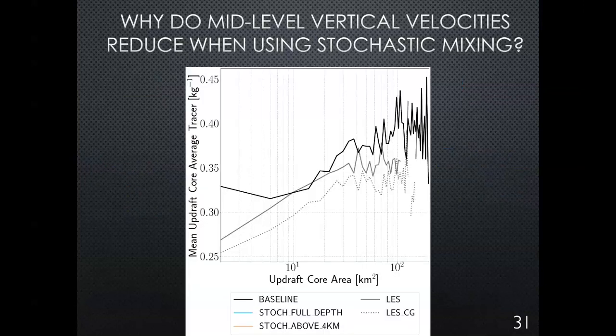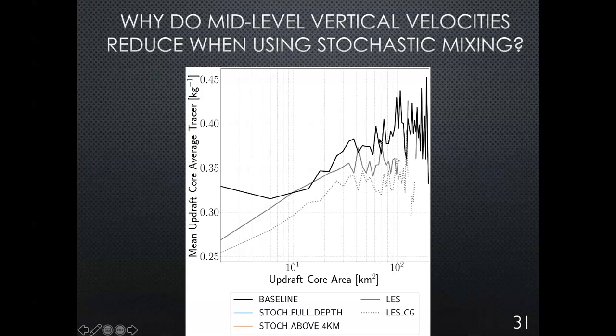So now what we're going to do is distribute the updraft cores by their size here on the x-axis. These are updraft core areas, which you can essentially think of as an updraft core effective radius. And then on the y-axis is the mean updraft core averaged tracer.